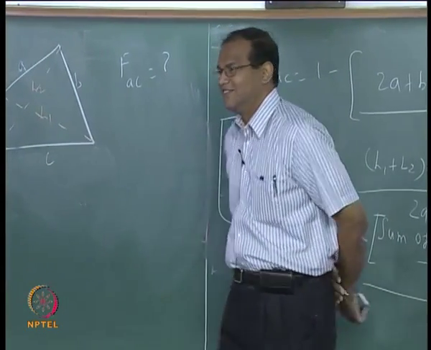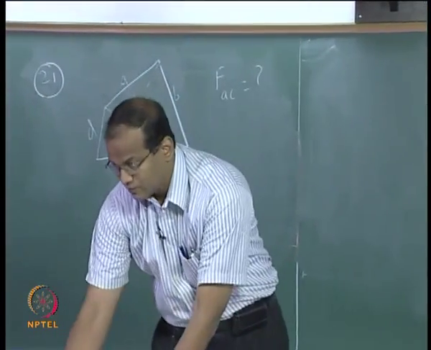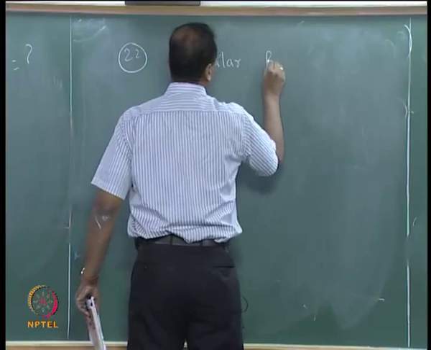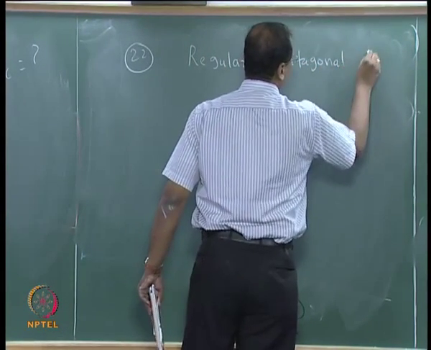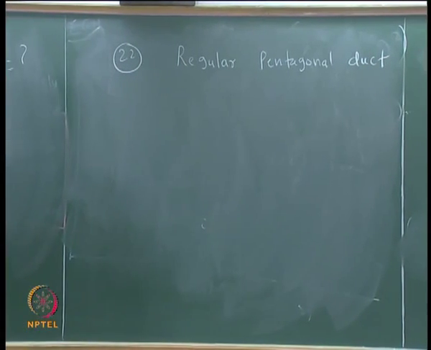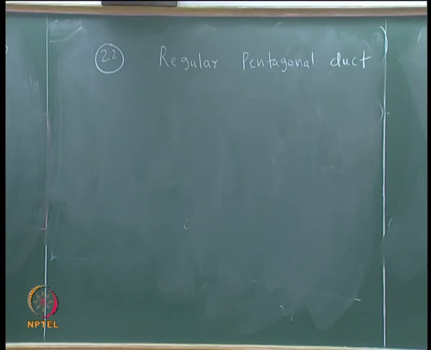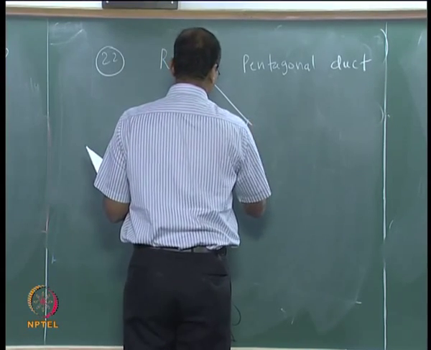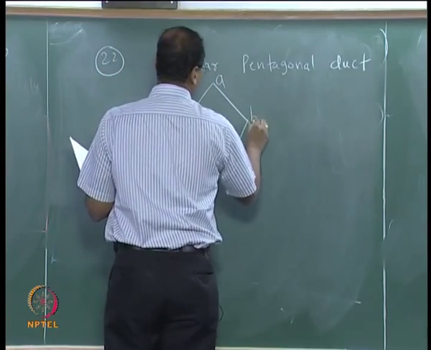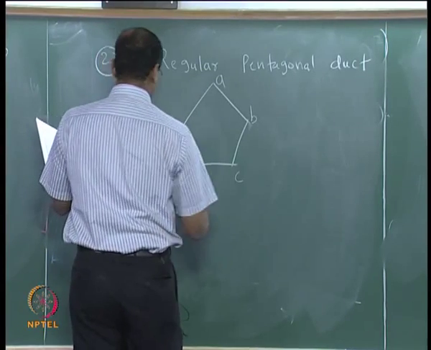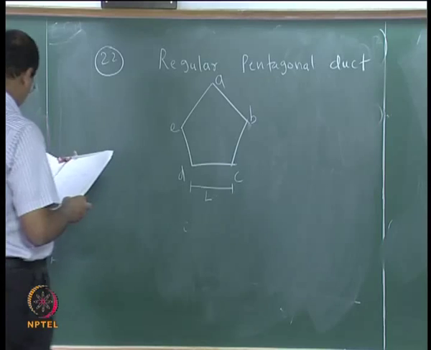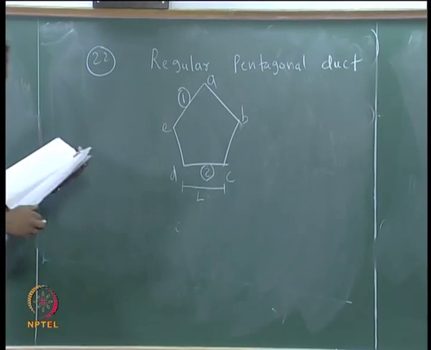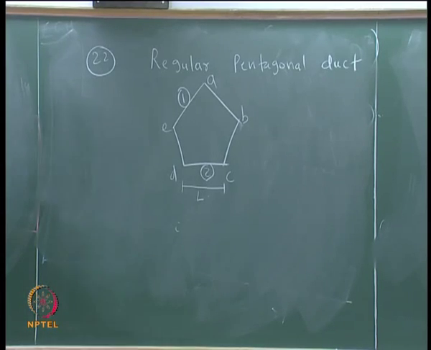So we did triangle, then we did quadrilateral. Now problem number 22. Get F12.